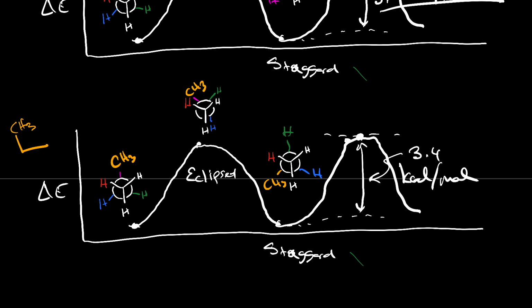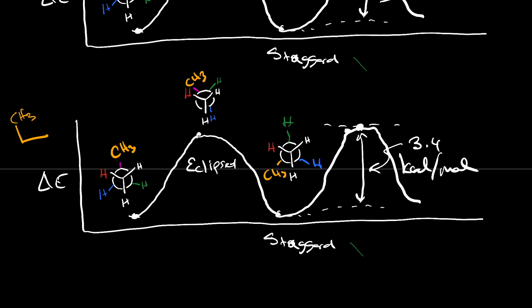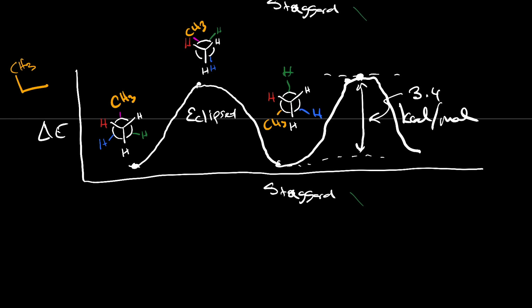So that larger steric encumbrance has now made this rotation about the sigma bond harder, okay? Just slightly.